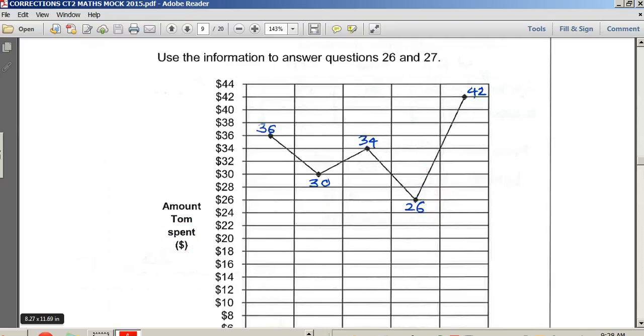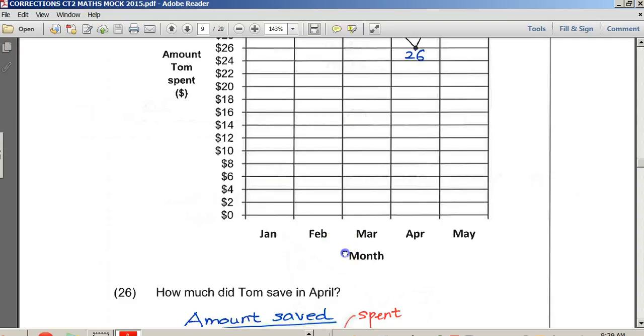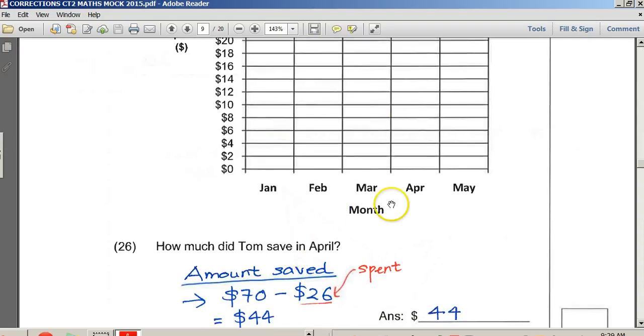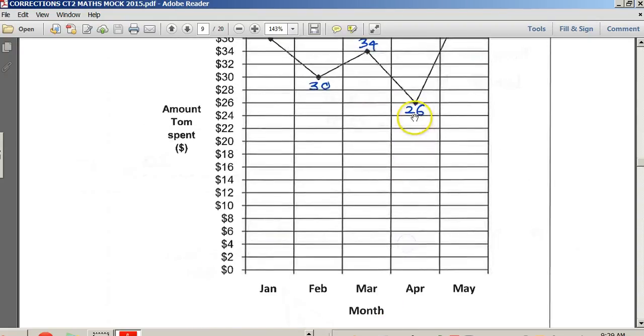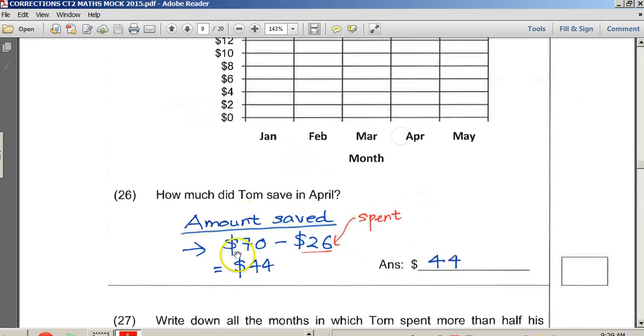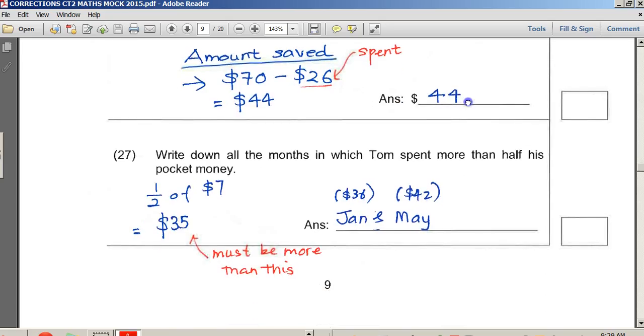Now let's carry on. Let's see the question. The question asks, how much did Tom save in April? Now in April we found out that he spent 26, right? Having money of $70 takes away the amount of money he spent, he would have saved $44. Answer is $44. Next, write down all the months in which Tom spent more than half of his pocket money.